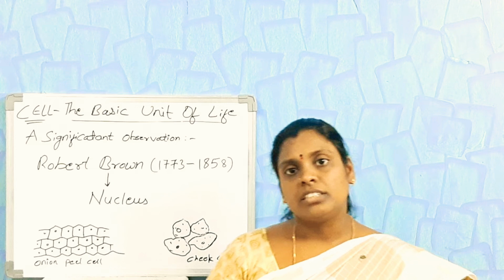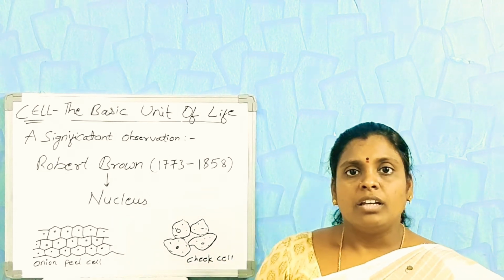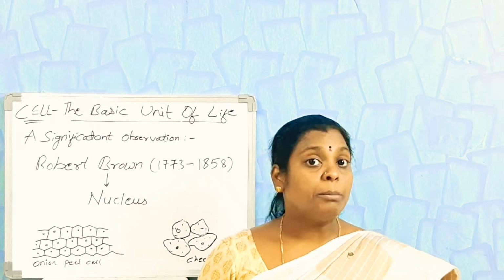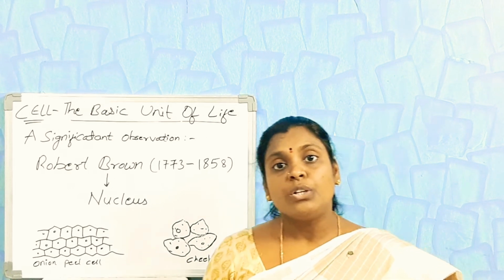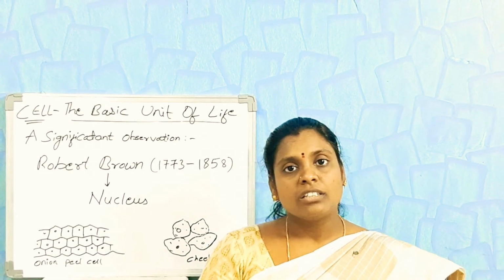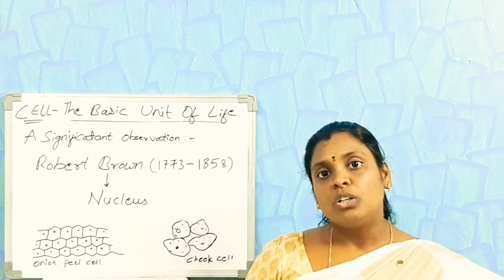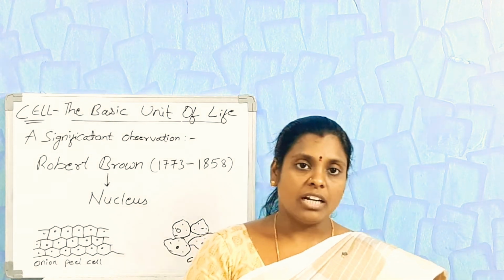In the year 1831, see here, there is a lot of gap between the observation of the cell and the observation of the nucleus. Nearly 180 years. It took 180 years to observe the nucleus after observing the cell.